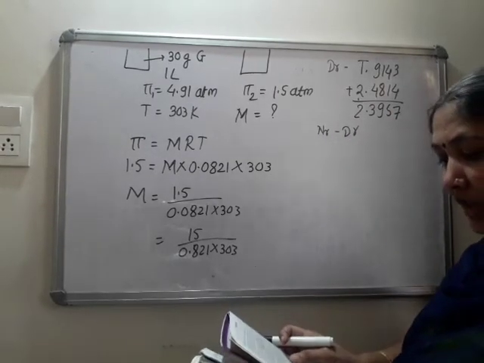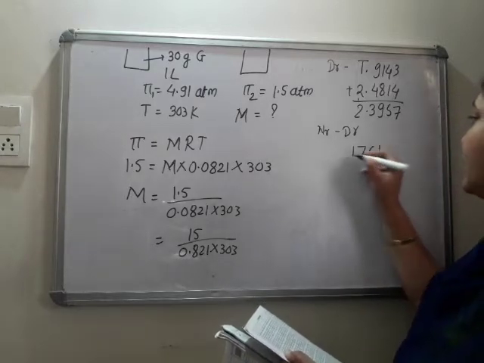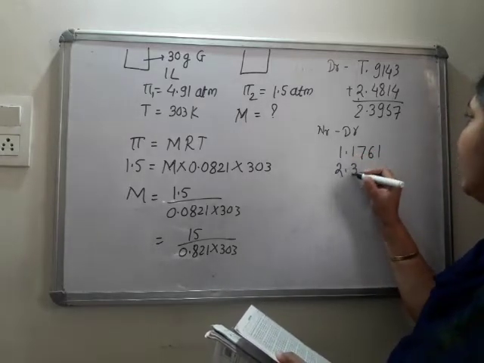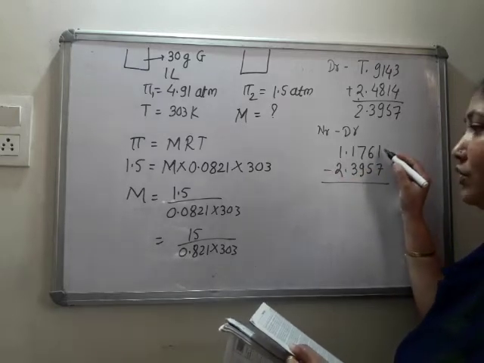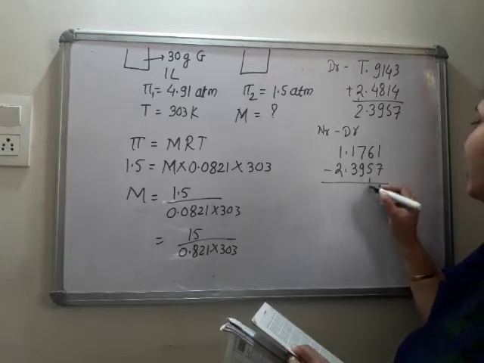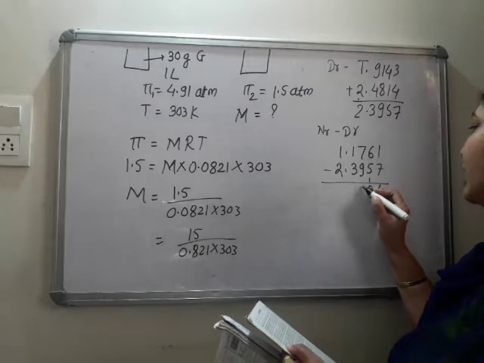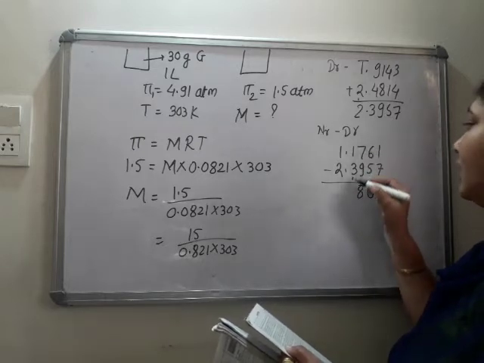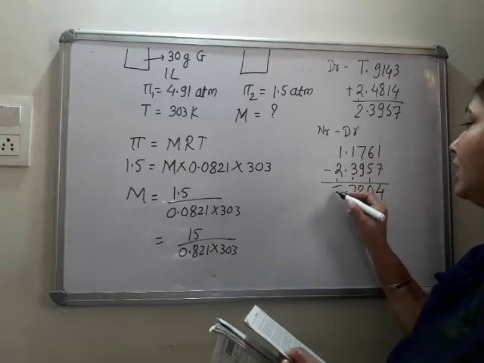Numerator is 1.5, log of 15 is 1.1761. Subtract these logs, so that will be molarity. 11 minus 7 is 4, 6 minus 6 is 0, 17 minus 9 is 8, and 1 minus 3 is bar 2.